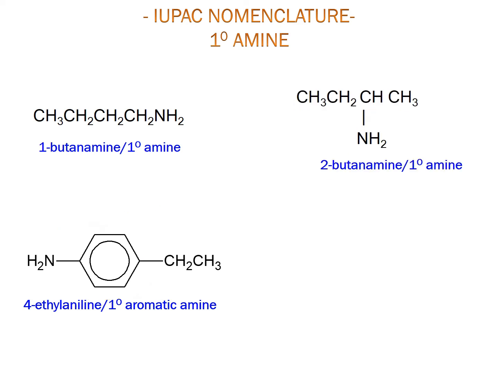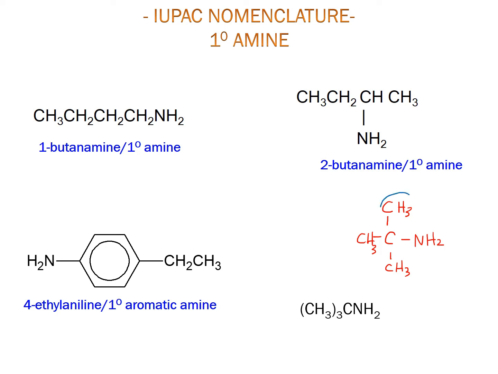Okay, the last example for primary amine. I redraw the structure. The amine is bonded to a carbon bonded to 3 CH3 groups. So first you find the longest continuous carbon chain that is attached to the amino group.